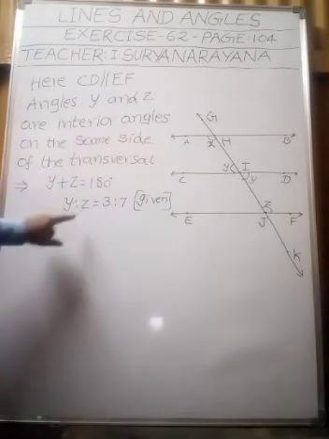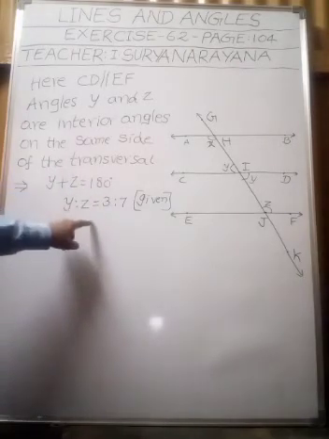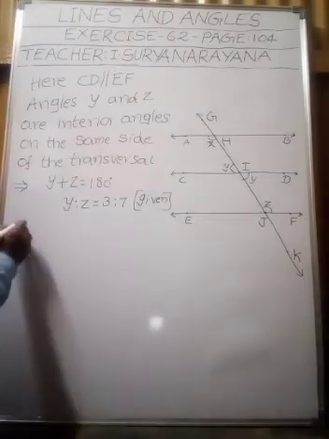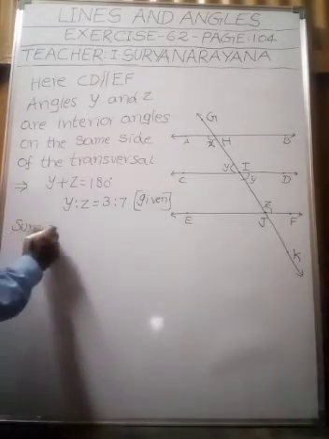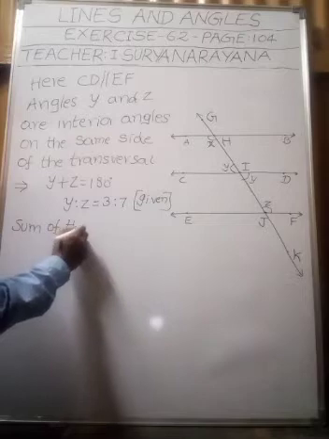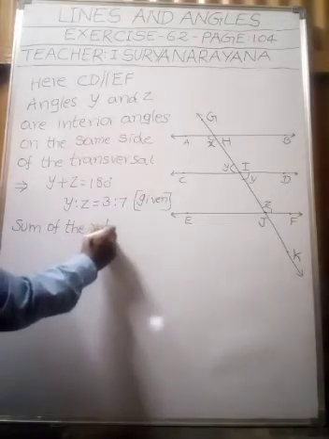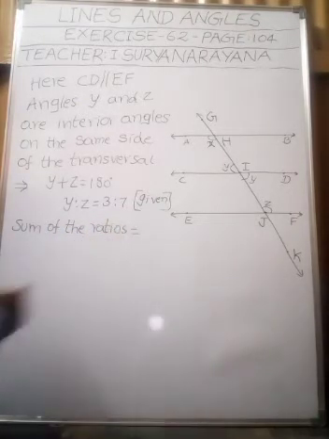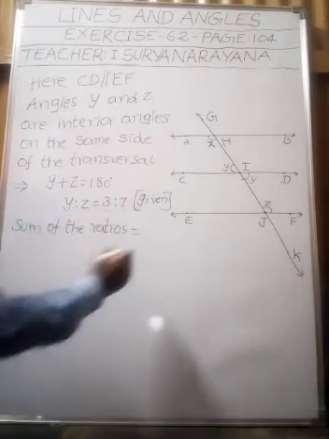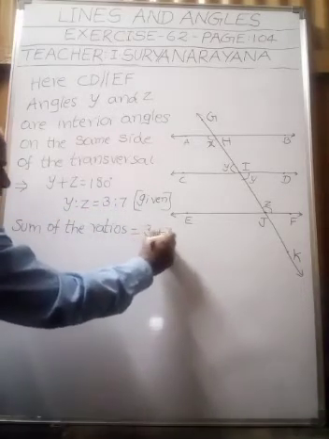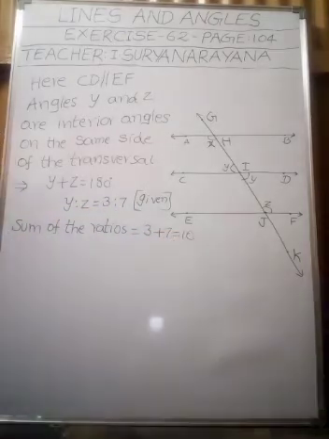Okay, my children. Now let us find the sum of these ratios. It means 3 plus 7. That is 10. So total 10 parts are there.